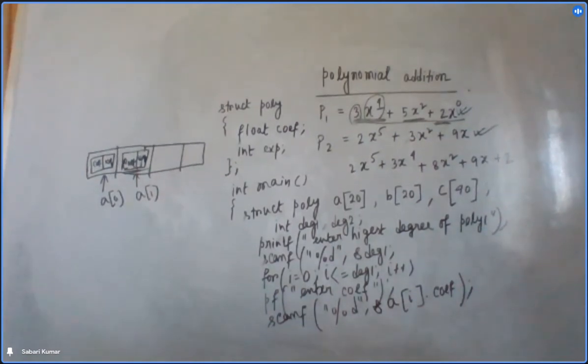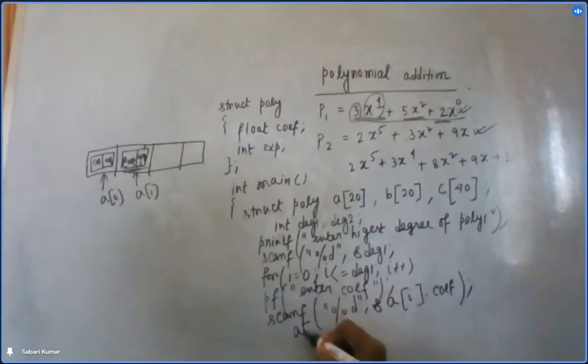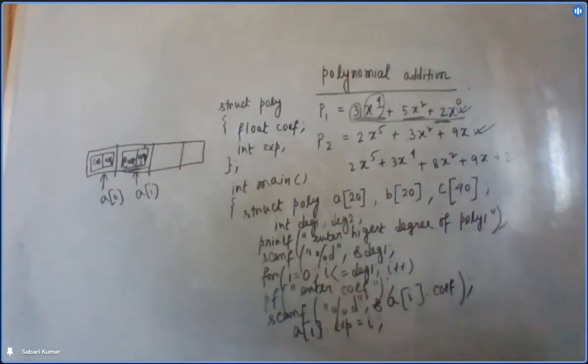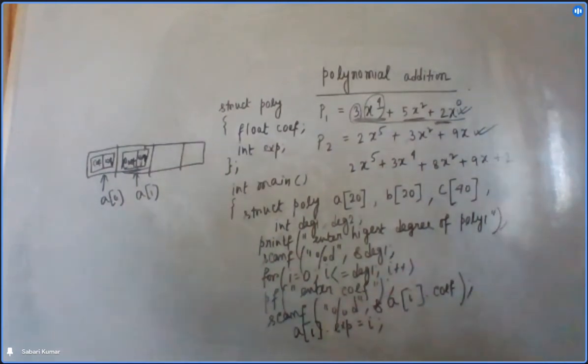So in that case, we are going to write a of I dot exponent equals to that I value. যে I এর ভ্যালুটা আমি দিতে চাইছি সেই I এর ভ্যালুটা আমি a dot exponent এ দিচ্ছি, কারণ I টা যদি 0 হয় that means exponent is 0, I যদি 1 হয় means exponent is 1.